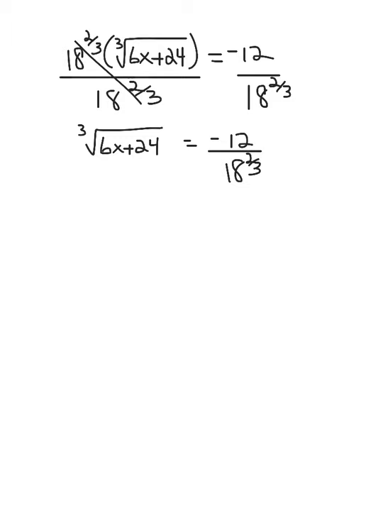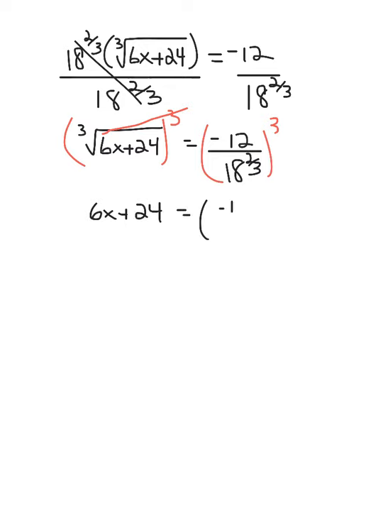All right, now think about before and how we got rid of a cube root. We would just do its inverse, which would be to cube. And I'm going to do the same thing here, cube. So that's going to cancel that out, and we're going to get just 6x plus 24 equals this ugly mess.